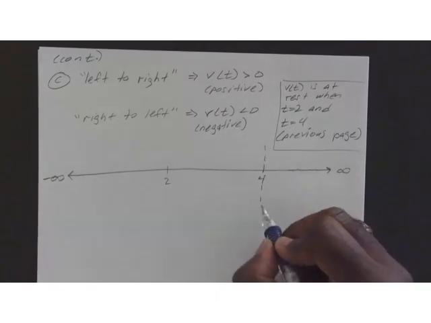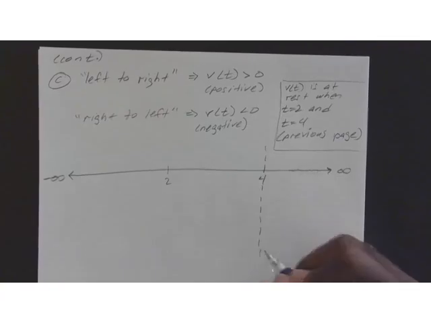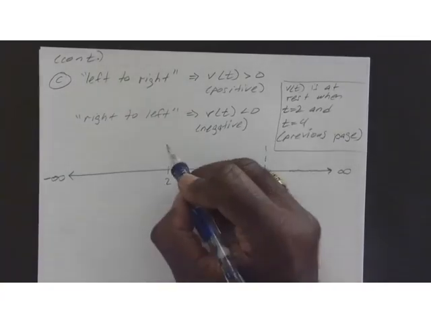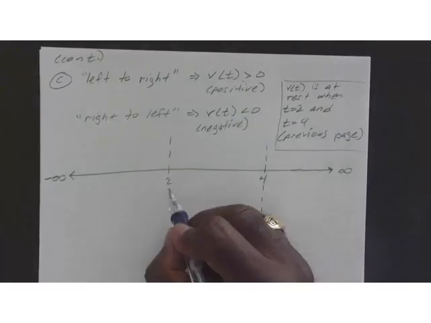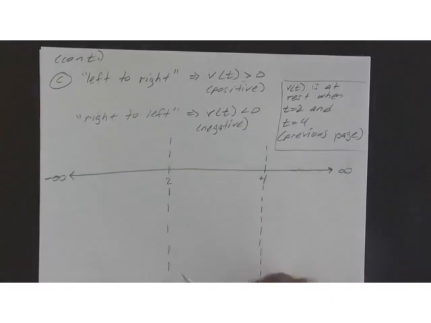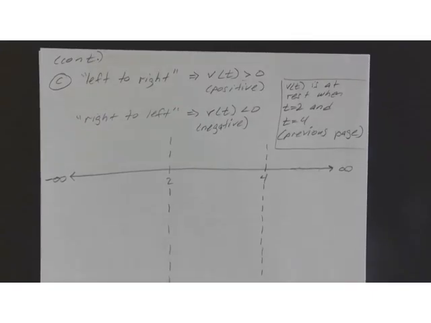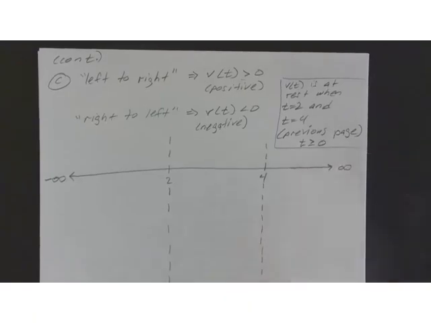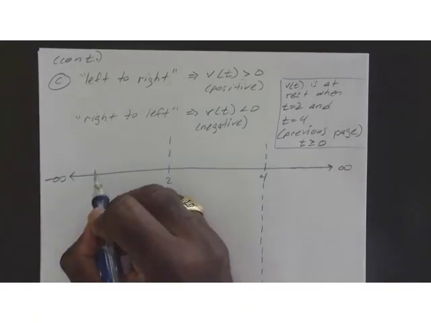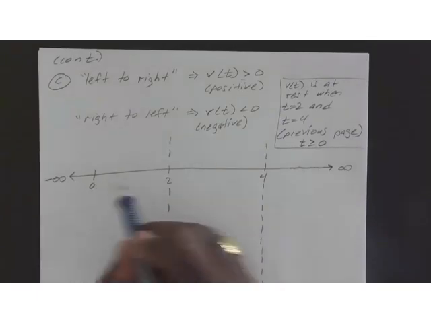Okay, and we'll draw a little dashed horizontal line to let us know that those values are off limits, because we're not looking for equal to, just greater than, less than. Also remember that t is greater than or equal to 0, so we're just looking from 0 on forward.